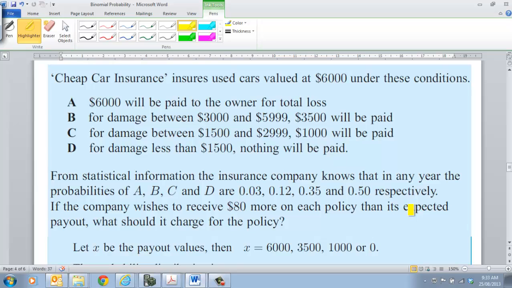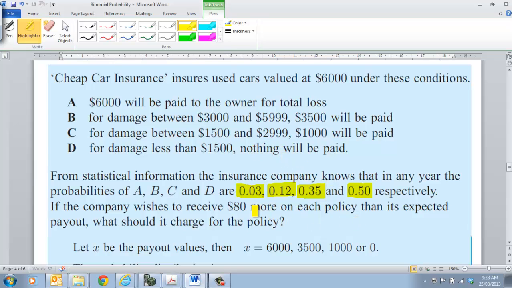From this information, they found that only 3% of the people have a total loss. 12% of the people have damages between $3,000 and $6,000, 35% of the people have damages between $1,500 and $3,000, and 50% of the people will have damages less than $1,500.